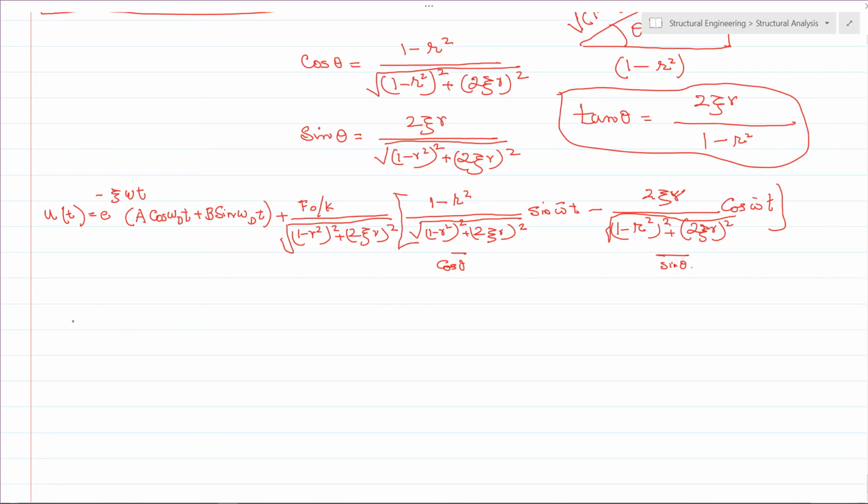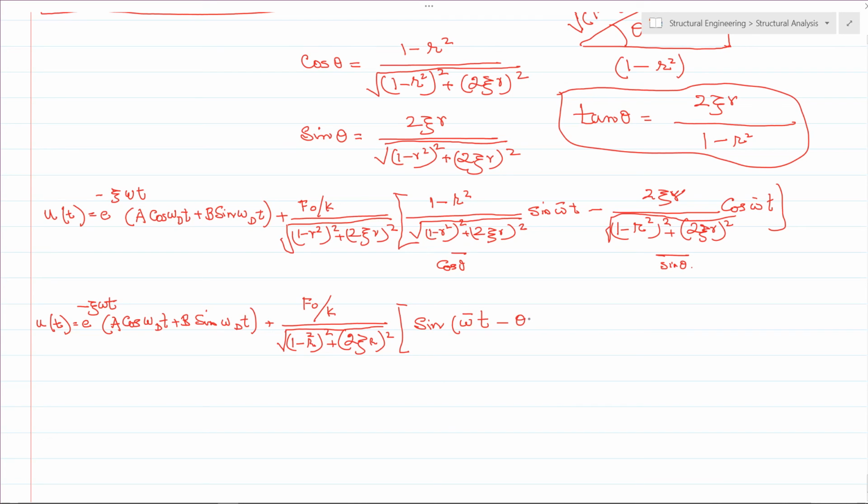So now I can write that u of t will be equal to e raised to the power minus xi omega t into (A cos omega d t plus B sine omega d t), plus F naught over k divided by the square root of ((1 minus r square) whole square plus (2 xi r) whole square), and this is multiplied by this function, which will be reduced to sine of (omega bar t minus theta). This is our equation number 12.